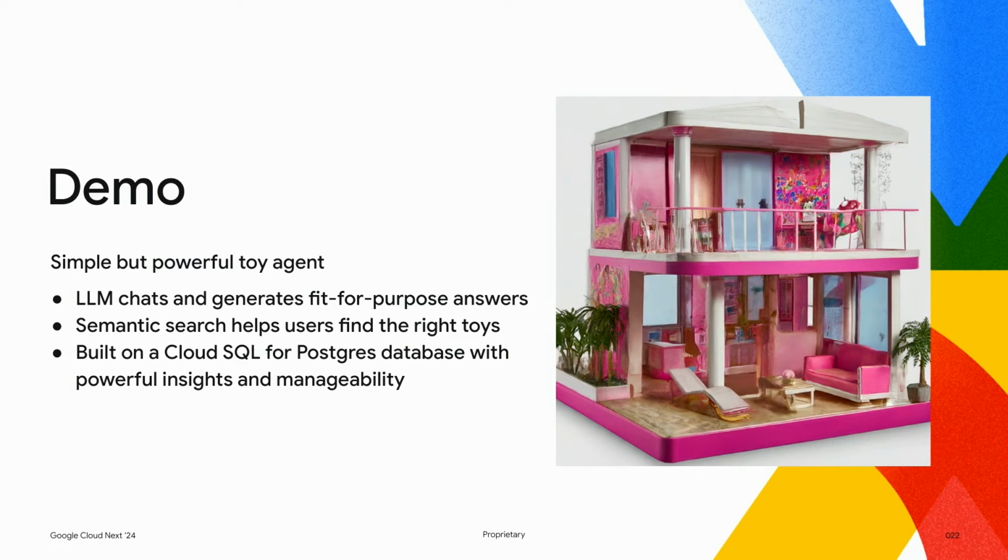So this is a toy agent which basically helps a customer shop for Ken and Barbie toys. What we do is run a semantic search, meaning we do a search on what we typed in, and we try to see which of the Ken and Barbie products in our database are the best fit for what the user said. It's built on Cloud SQL for Postgres.